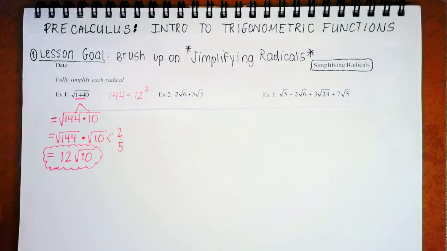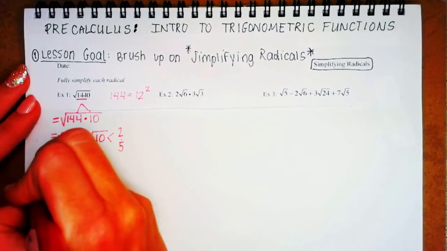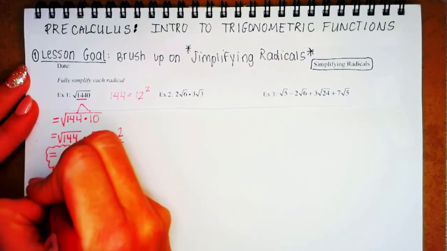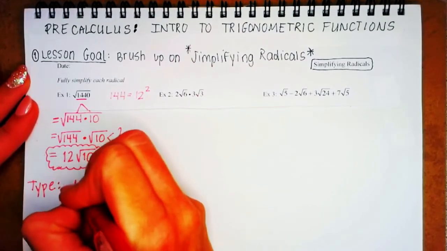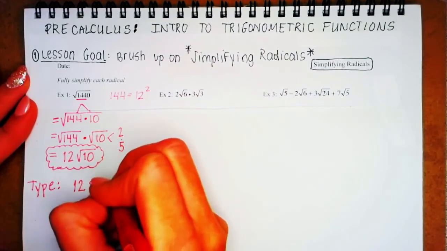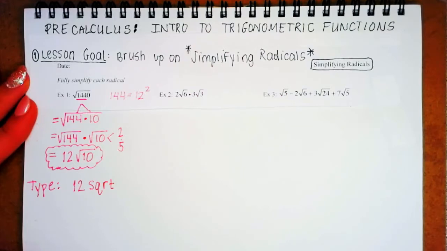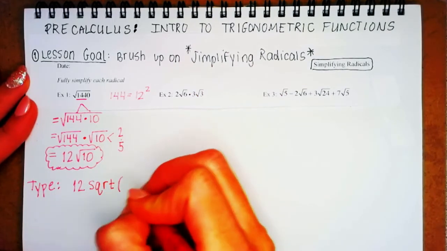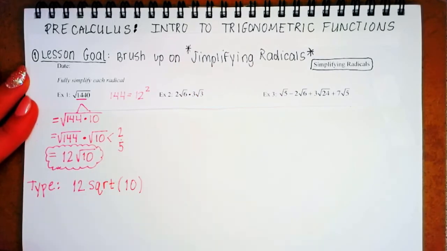I want you to type this answer in the following way. If you had to type this, you would write 12, then you would write sqrt, all lowercase, parenthesis, 1, 0, close parenthesis. So square root, that's the notation.